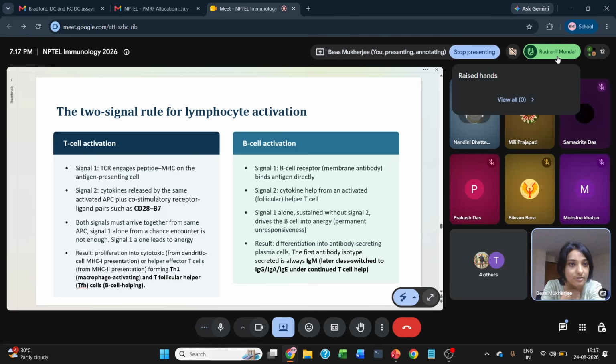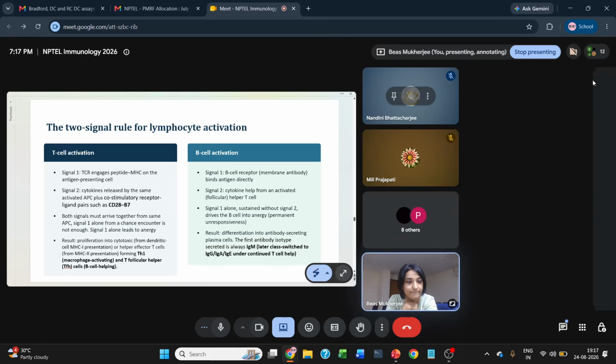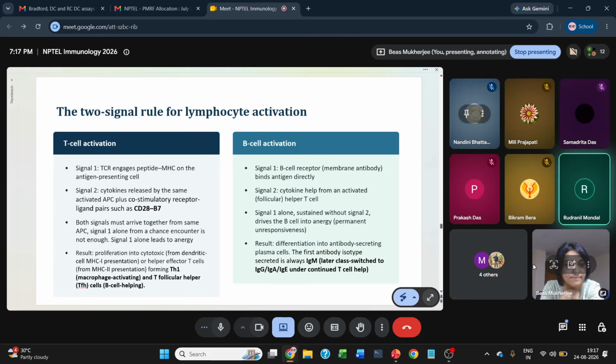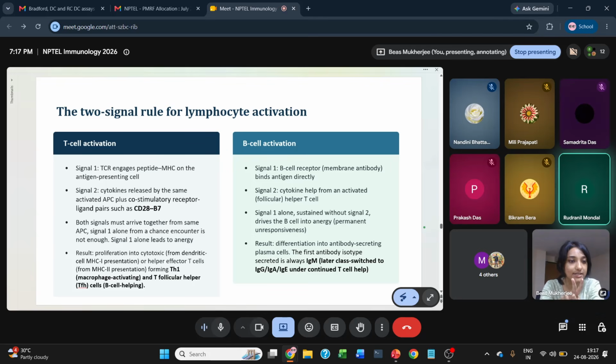Yeah, sure. If you have a question, you can ask me. So, ma'am, what is the meaning of the two signal rule? So basically this is a rule where two signals have to be on.